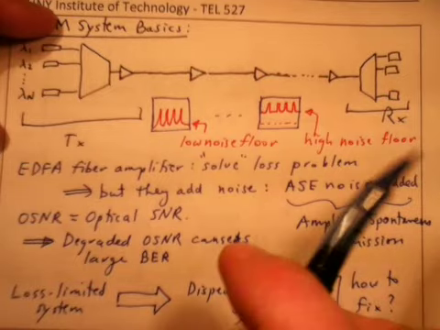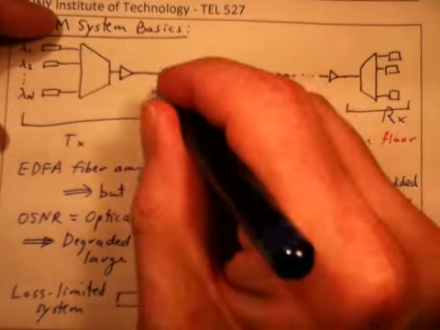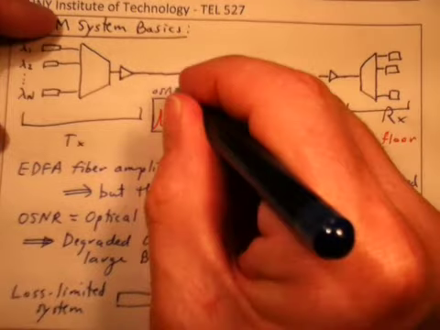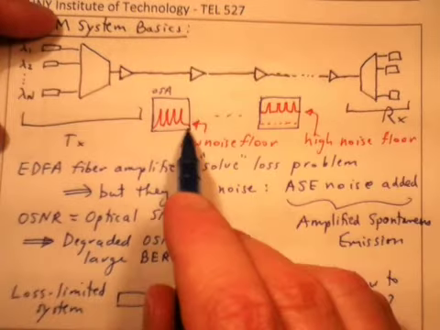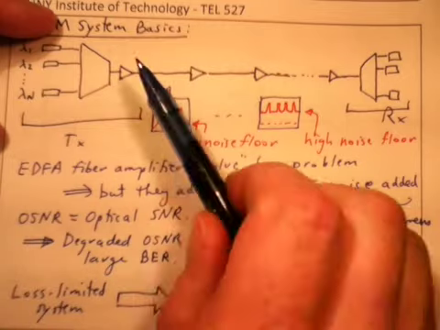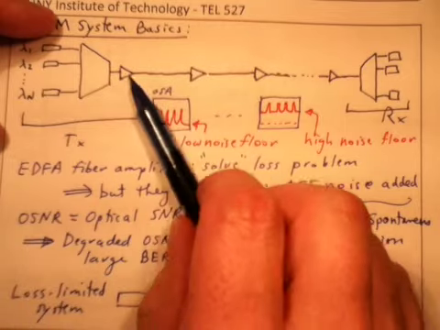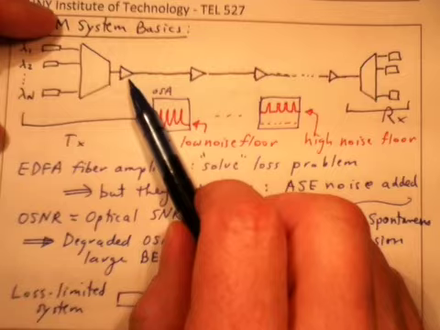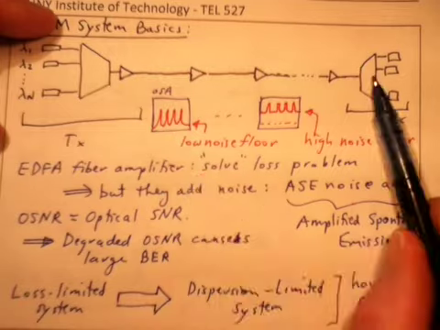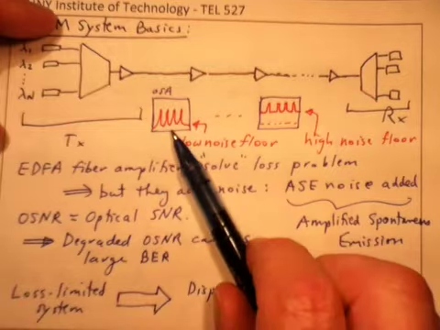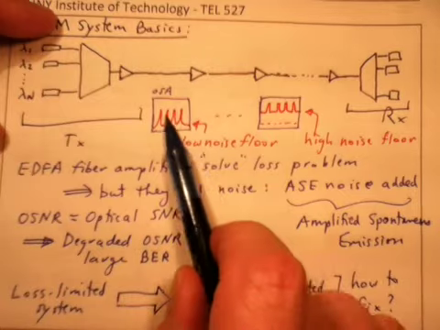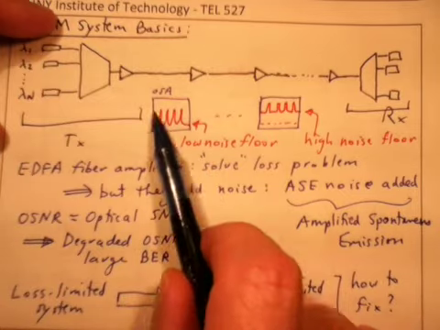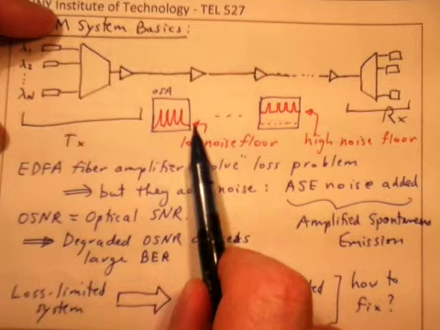So if we were to make an OSA plot of the signal, say near the beginning of the span, what we'll see is multiple DWDM channels, and again this is optical power versus wavelength.